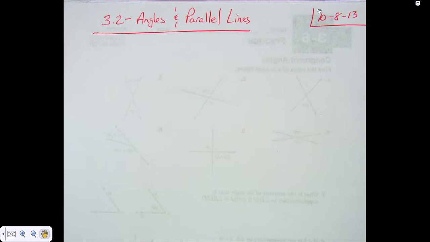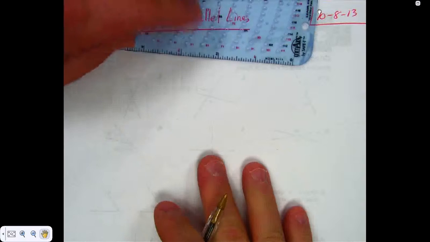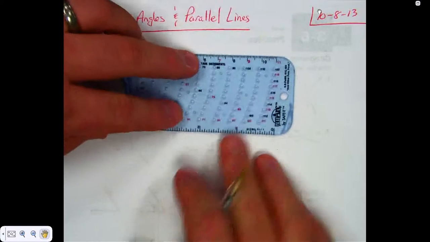We are basically building on what we did yesterday. I want you to draw two parallel lines.